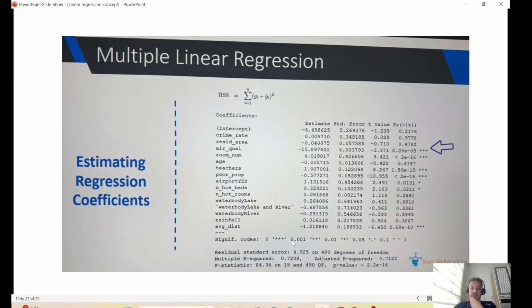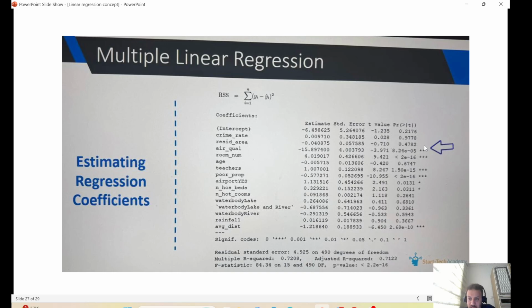Okay, and this is the significance code that is related to the p-value we talked about. If you have 3 stars, this is highly significant. The codes go from 0 to 0.001, 0.01, 0.05, 0.1, and 1.